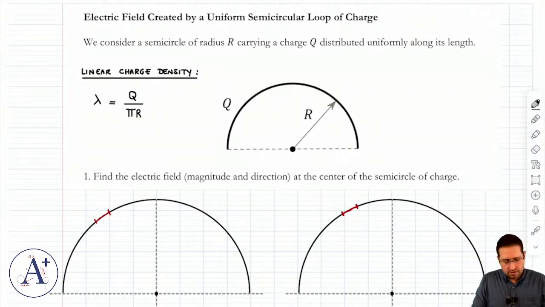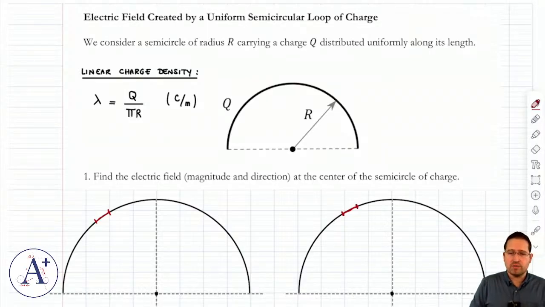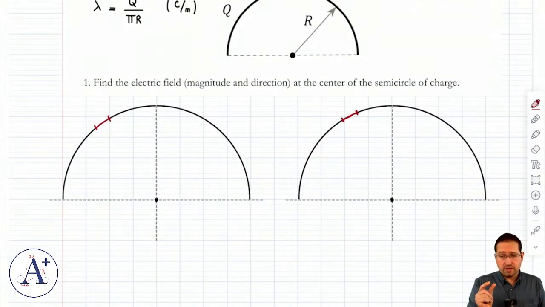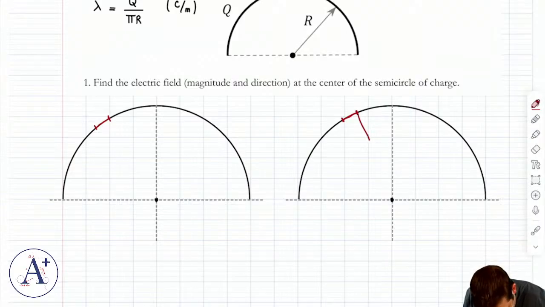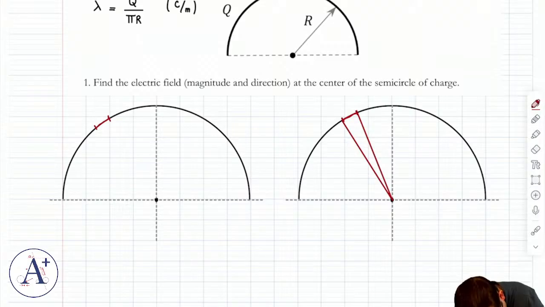And that is coulomb per meter. So it tells me how many coulombs I have per meter on this semicircle. So if I know the length of my little piece here, then I can figure out how much charge it has. Well, this length here is going to be the smallest arc length that you can imagine that's non-zero. In short, that is going to be called ds.